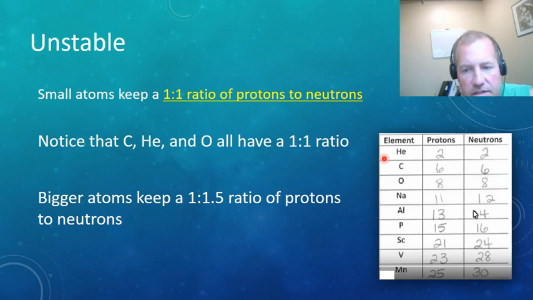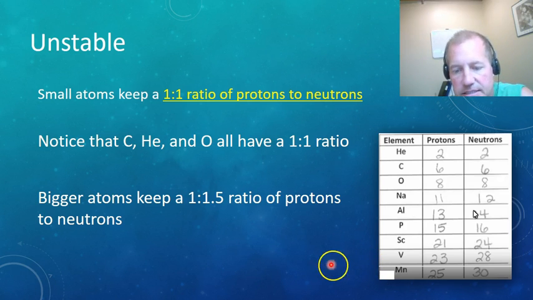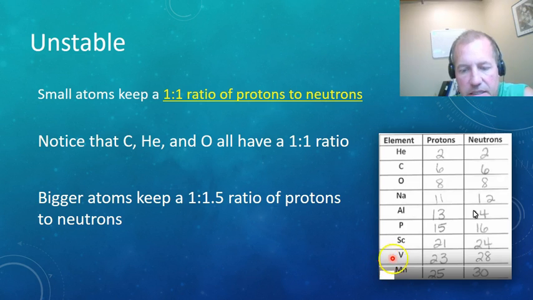So small atoms, again, keep that 1-to-1 ratio. Our helium right here, our carbon, our oxygen, 1-to-1 ratio there. But the bigger atoms keep the 1 to 1.5 protons to neutrons. And you can see it's not necessarily with manganese here, but even with manganese it is starting to get to be a larger ratio than 1-to-1.